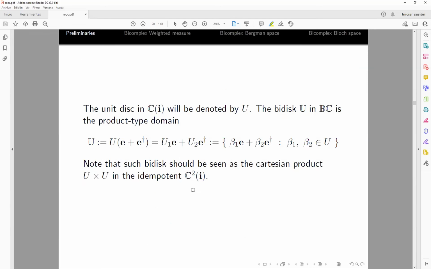Okay, we will denote the unit disk in the classical complex set by U. And the bidisk U in the bicomplex case will be the product type domain. Okay, we will write in idempotent notation in this form. Then each coordinate beta 1, beta 2 belongs to the classical unit disk. And then we can consider this bidisk as a Cartesian product.